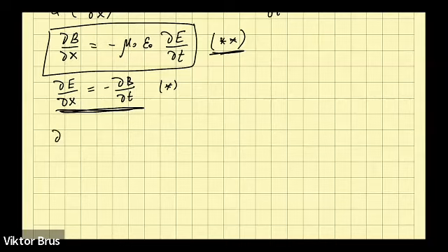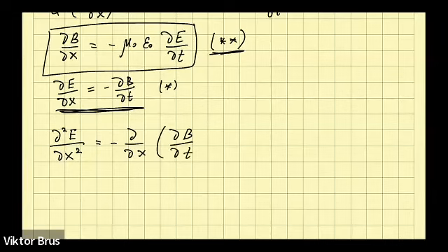It will be d square electric field over dx square, so it's already the second derivative over position, equal to minus d over dx of dB over dt. So we took the partial derivative over position x of the left and right side of this first equation.